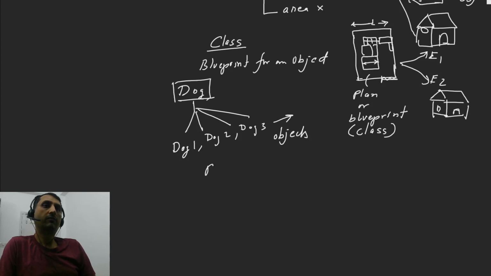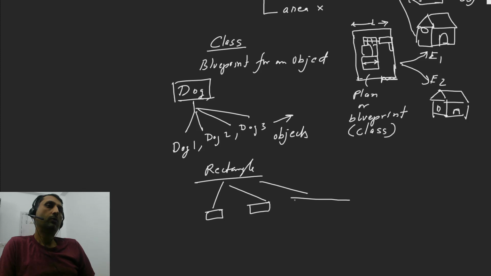Similarly, you can have a class called rectangle, and you can have multiple rectangle objects. They can be differentiated. They can have different attributes. Here the length of the rectangle is more, here the length is less.